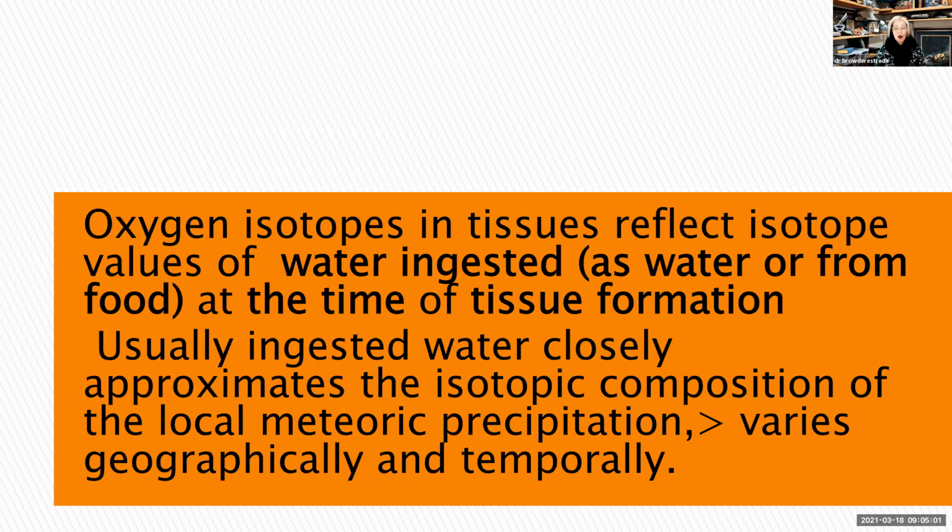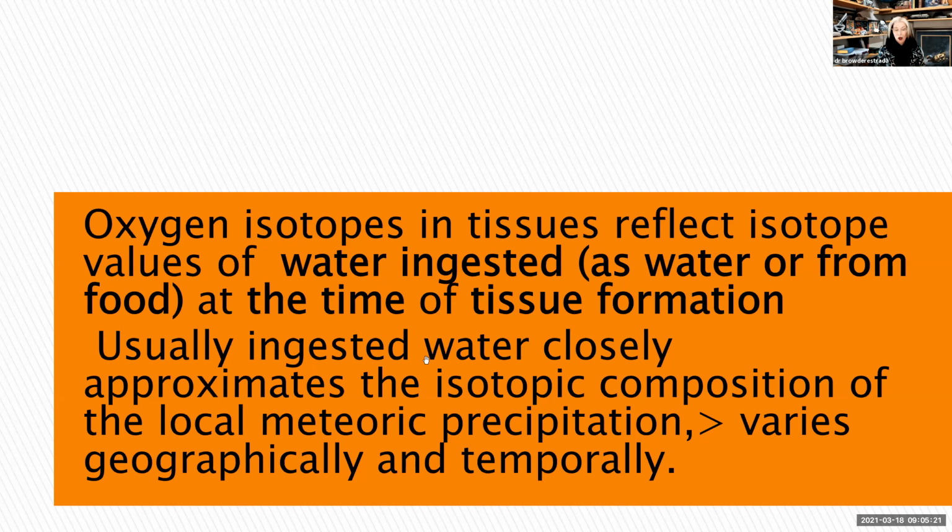So going in the water, drinking water, or the food, right? The plants and animals that drink that water and pull it into their system, or their roots pull that into the system. So those ratios are ingested at the time that that tissue is forming.